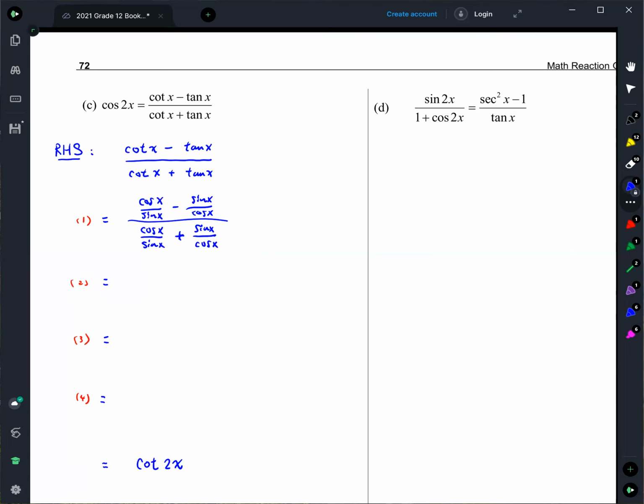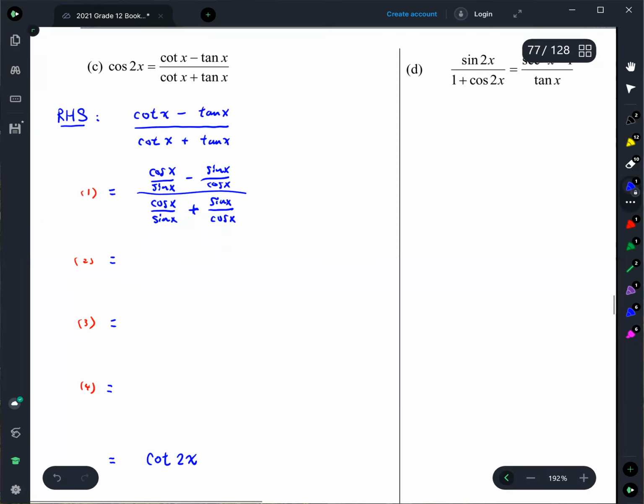We're going to change everything to sine and cosine, so your first step will look like the one you see on the screen, everything in terms of sine and cosine. If you do 1 over tangent, it's fine, just that later you might need to do more steps.